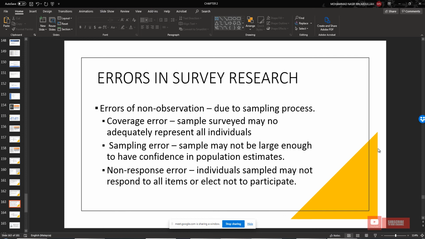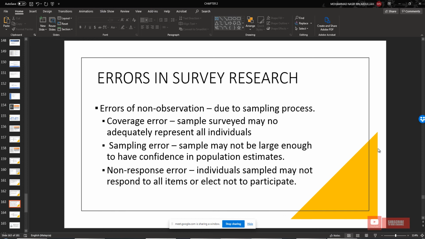So you are making an error, you are making a wrong result. So you need to calculate the probability of getting an error, right? And then you need to estimate the effect size of each objective. Then you will get the sample size for each objective, right?